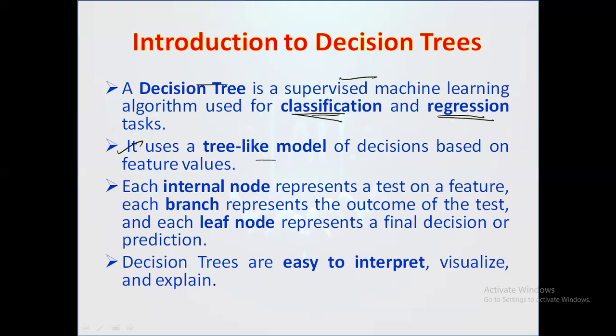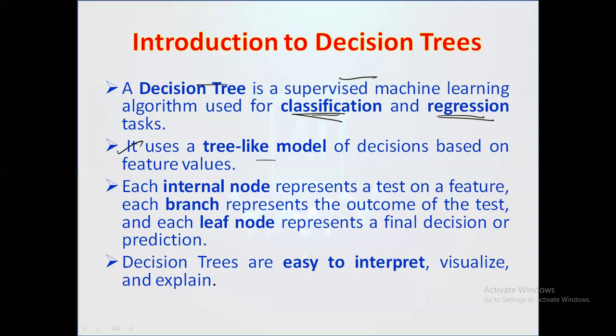It uses a tree-like model of decisions based on feature values. The structure of a decision tree resembles a flowchart or a hierarchy, where each node represents a decision based on a specific feature value.